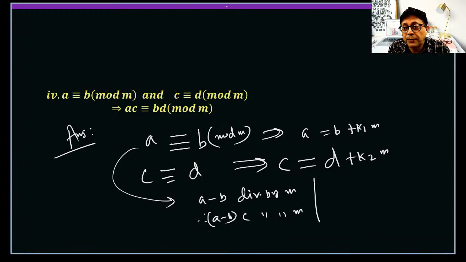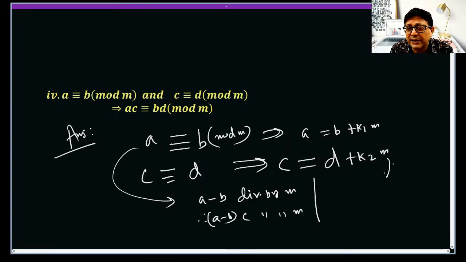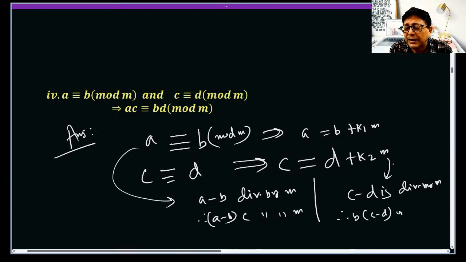Now, from here C congruent with D mod M. What does this imply? That C minus D is divisible by M. Therefore, B into C minus D is also divisible by M, isn't it?